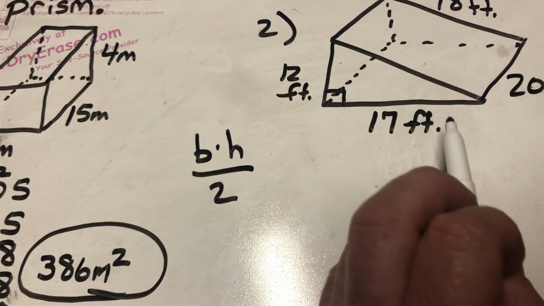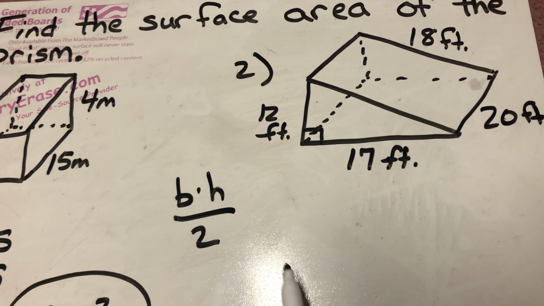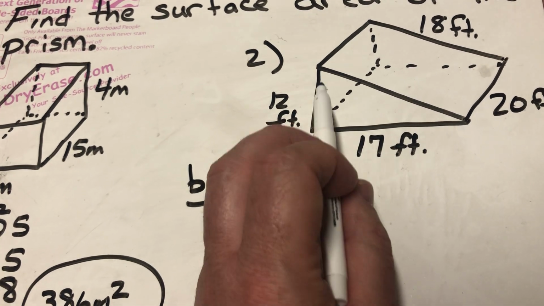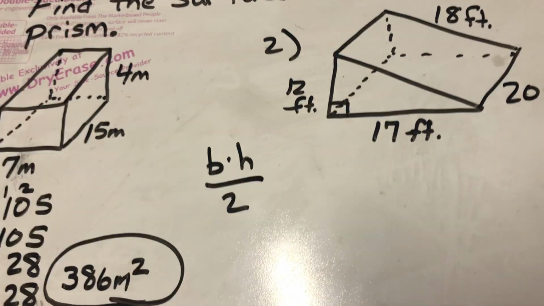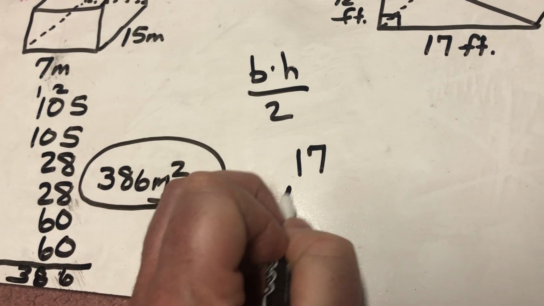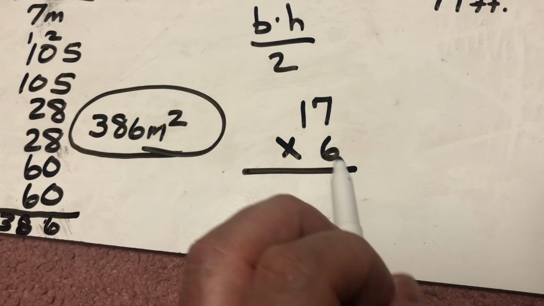Well, if I want to use a little common sense, 17 times 12, I can just cut that in half, do my division early. Instead of 17 times 12, I'm going to do 17 times 6. So I can just do 17 times 6, and then I don't have to worry about dividing by 2. And this is a little simpler multiplication problem.